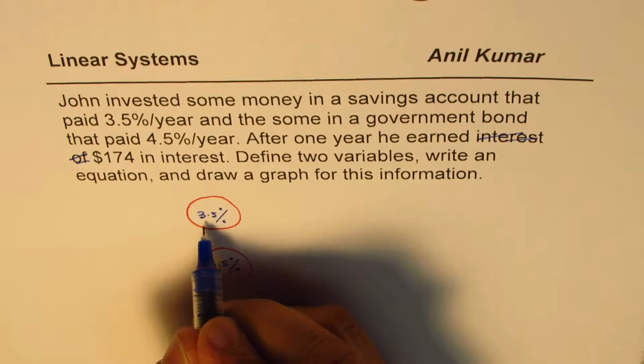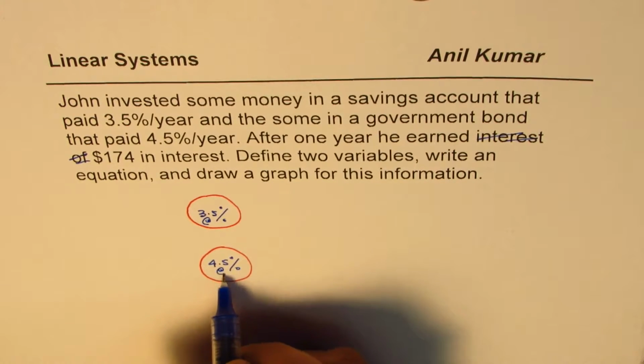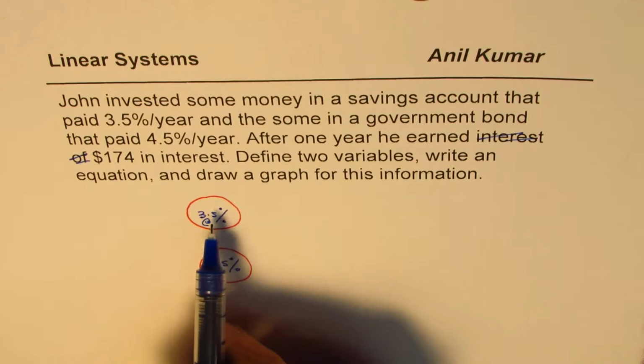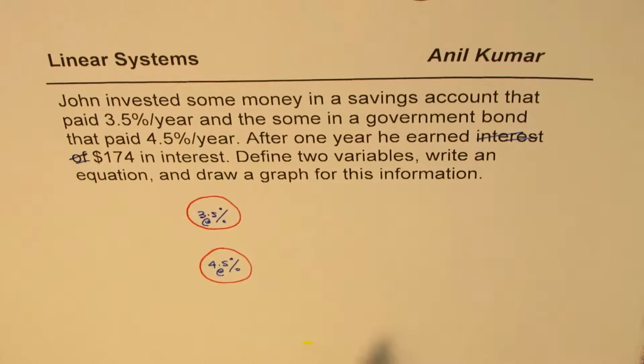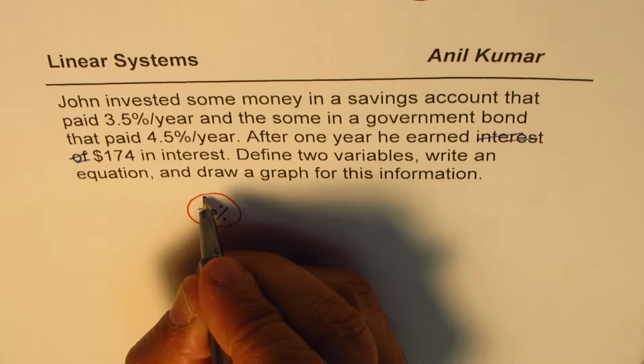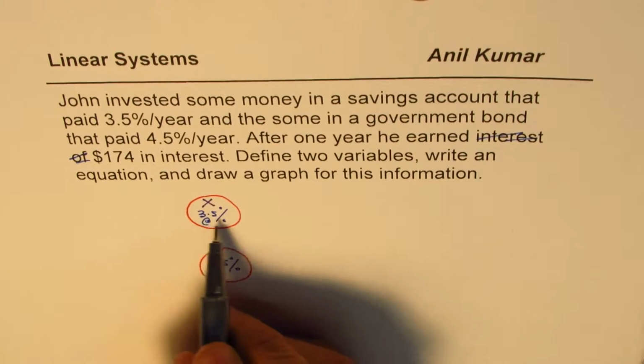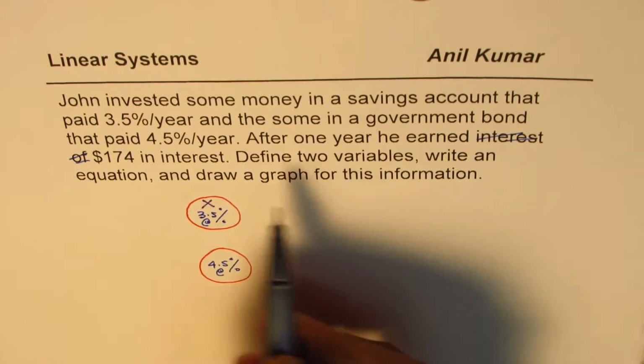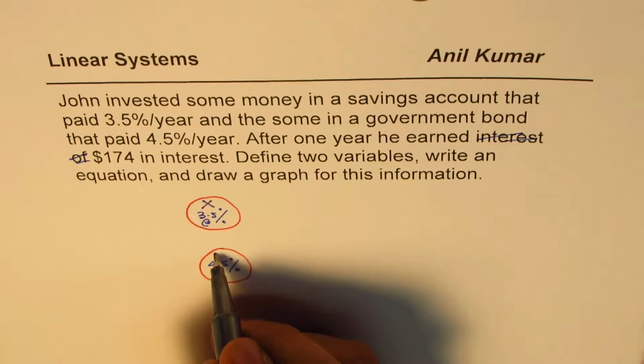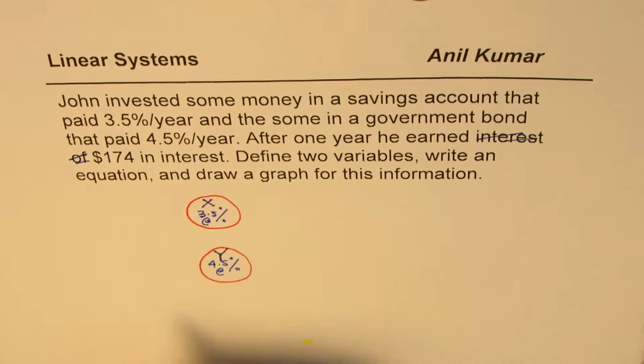This is the rate of interest, right? Now we don't know how much has been invested in each. So let us assume that John invests X dollars in the savings account which pays 3.5% and Y dollars in the other account which pays 4.5% interest, right?